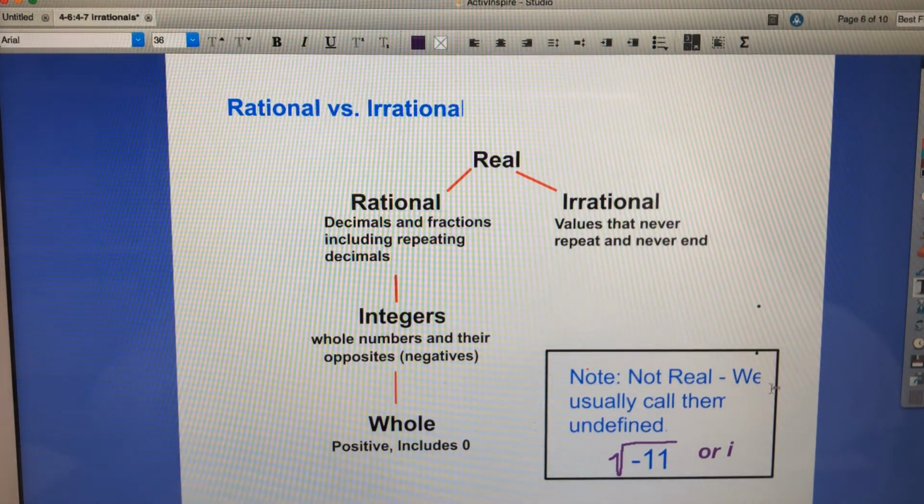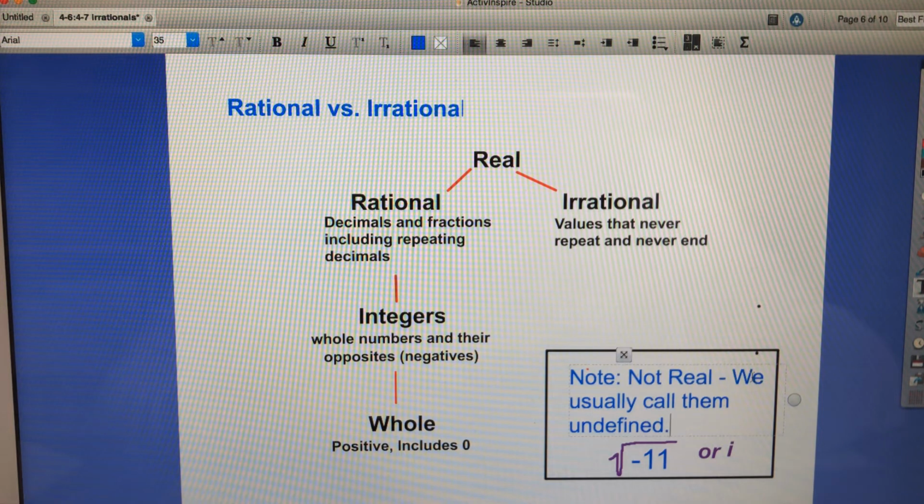Note, another type of number that is not real is called undefined. We have here the square root of negative 11, which up until this moment, you know doesn't exist. You can't do it, undefined.